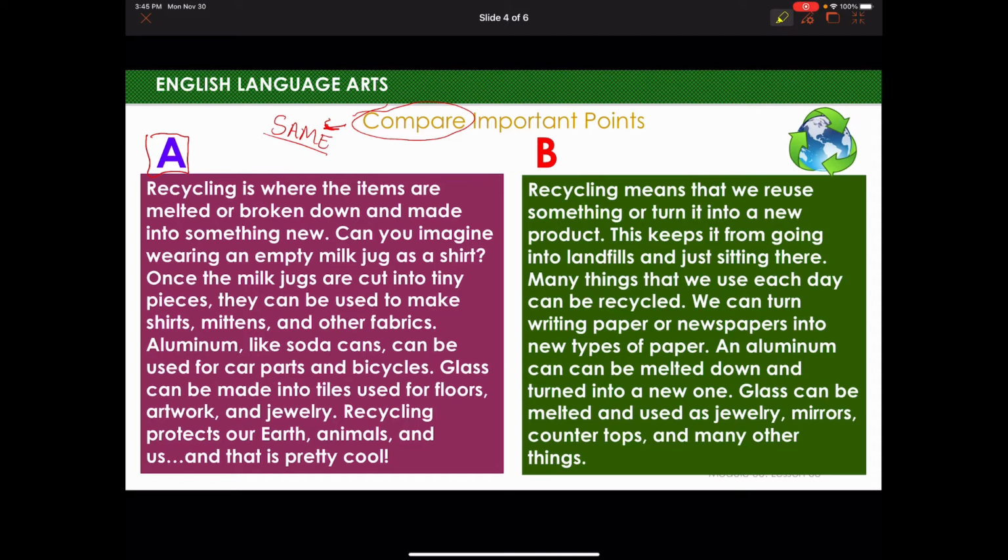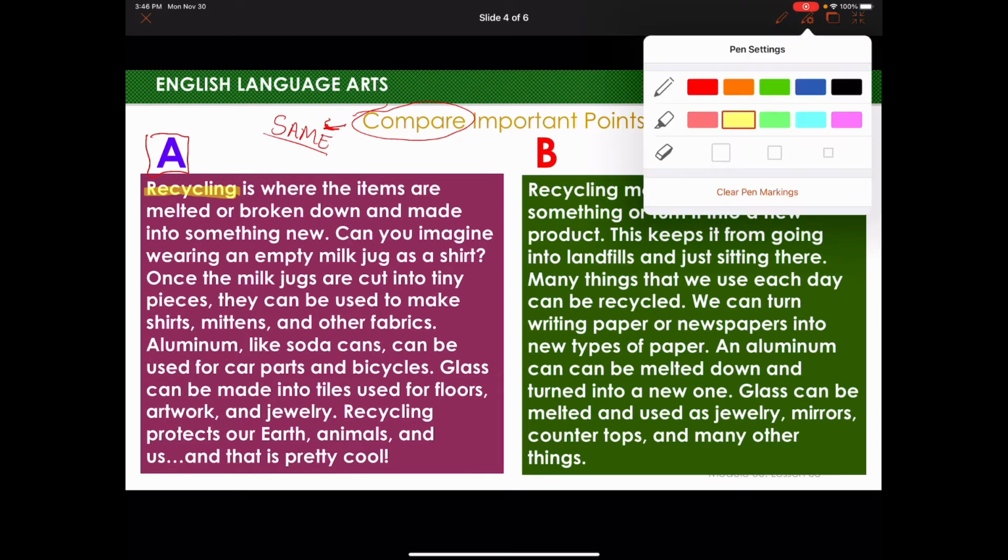Glass can be made into tiles used for floors, artwork, and jewelry. Recycling protects our earth, animals, and us, and that is pretty cool. All right, so I know that the main topic of this passage was recycling. Let's read passage B and see what it's about.